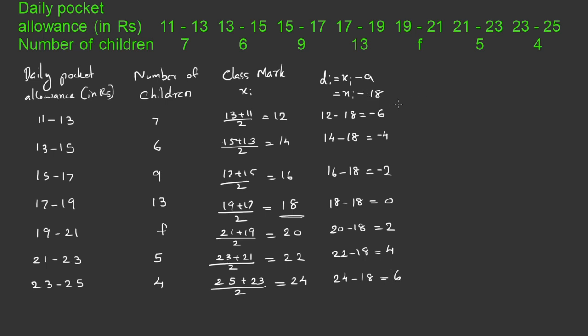Now the values of di are small enough to multiply easily. Therefore, I can do it by assumed mean method.